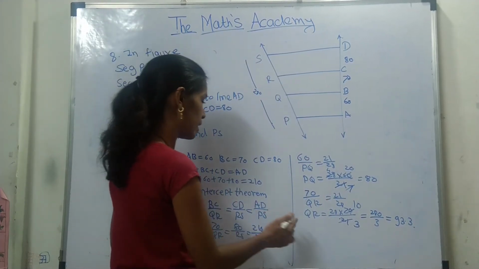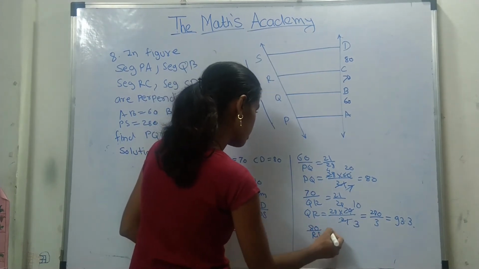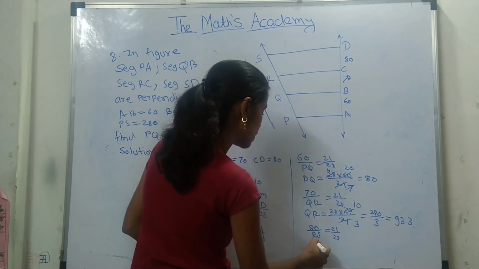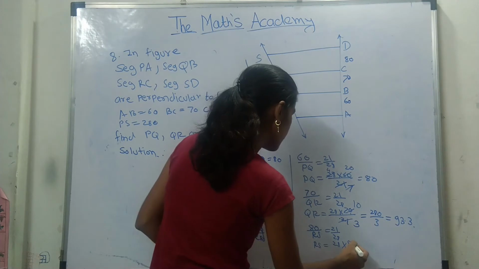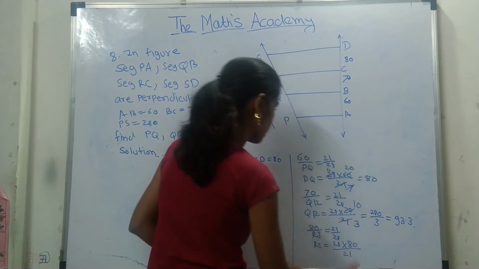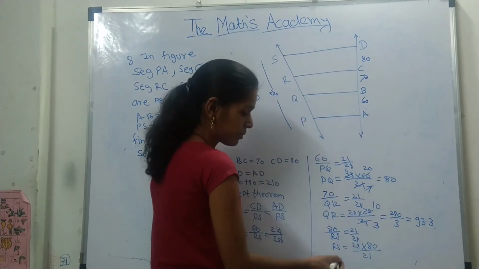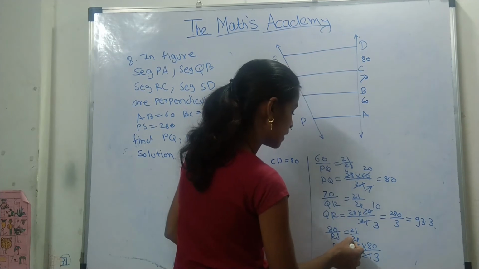Now to find RS, we will write 80 upon RS is equal to 21 upon 28. Again by cross multiplication, we will get RS is equal to 28 multiplied by 80 upon 21. Okay, so do the division again. 7 threes are 21, 7 fours are 28.